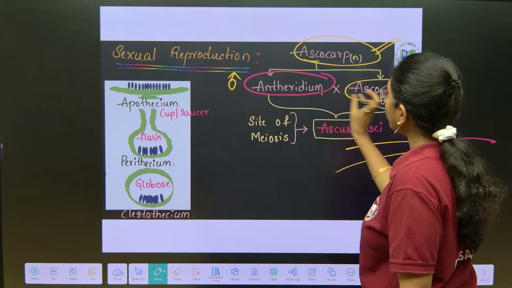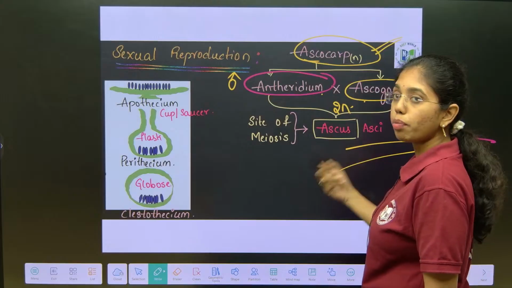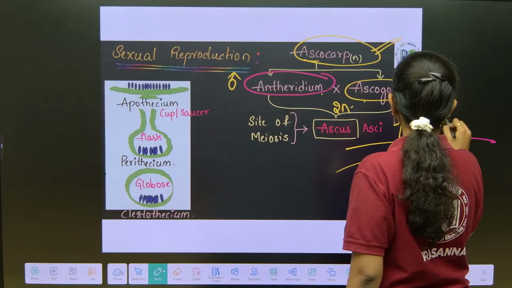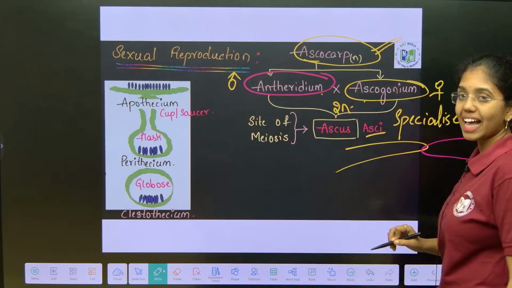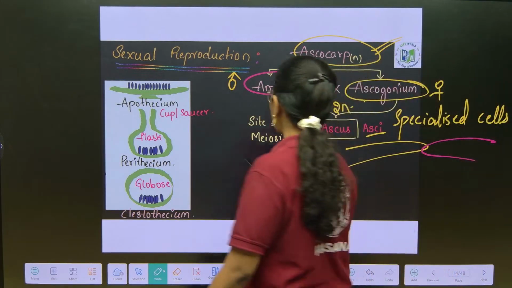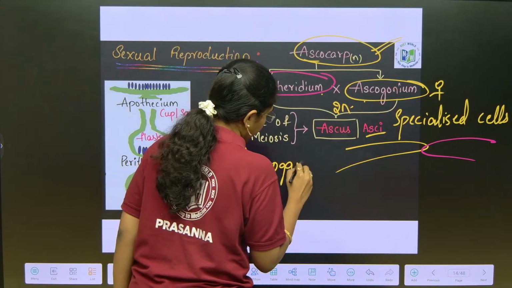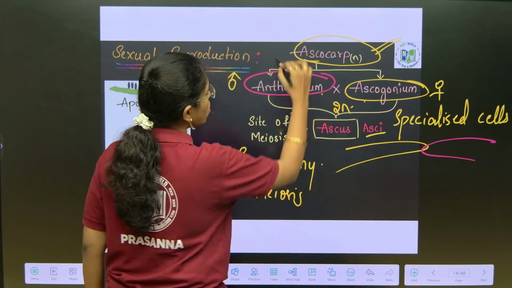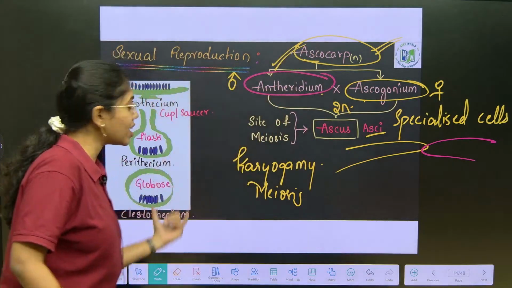And after fusion, the diploid specialized cells which are formed are called ascus, and the plural form is asci. The ascus is the site for both karyogamy and meiosis.